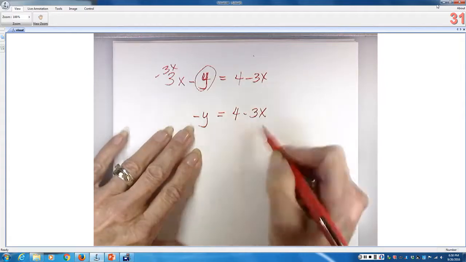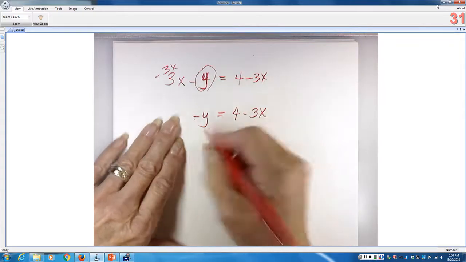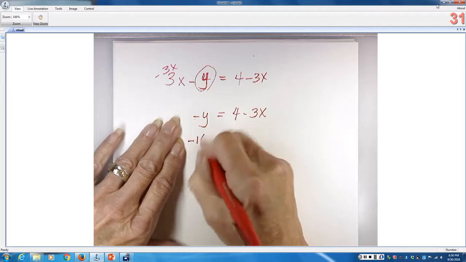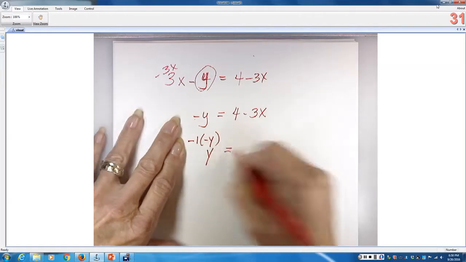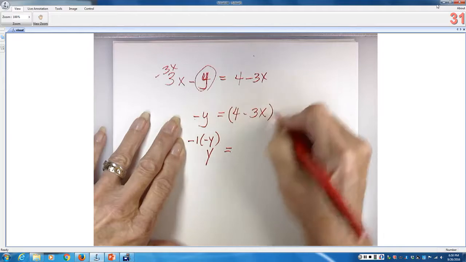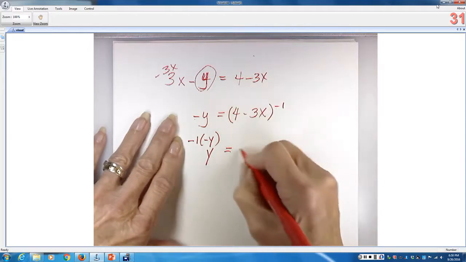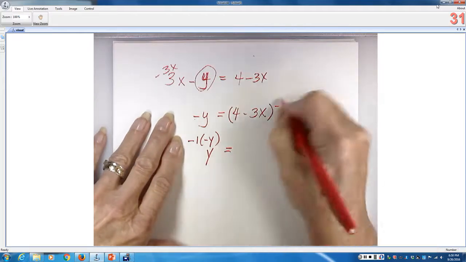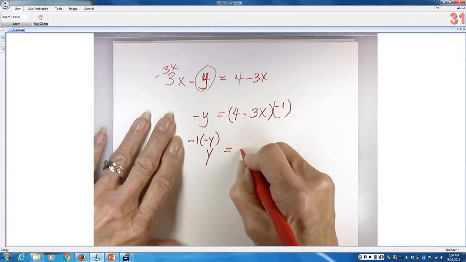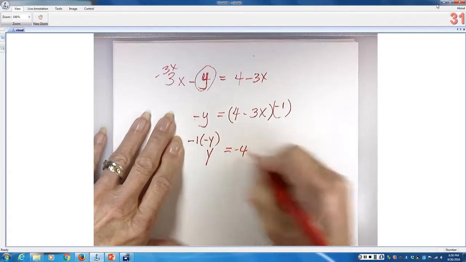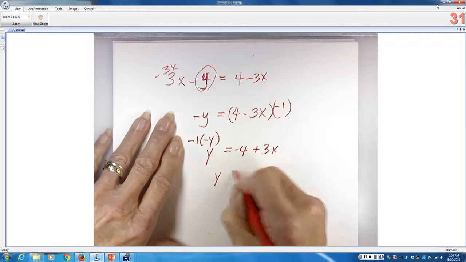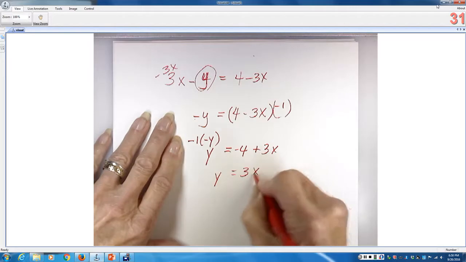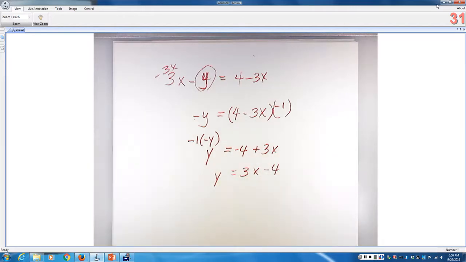Then, because this is a negative y, I will multiply it by -1 so that I'll have a positive y, and I'll also multiply this side by -1. And get -4 plus 3x, or y equals 3x minus 4.